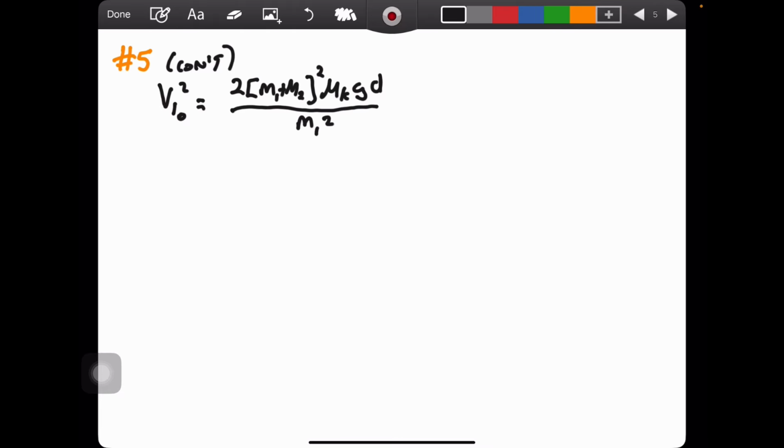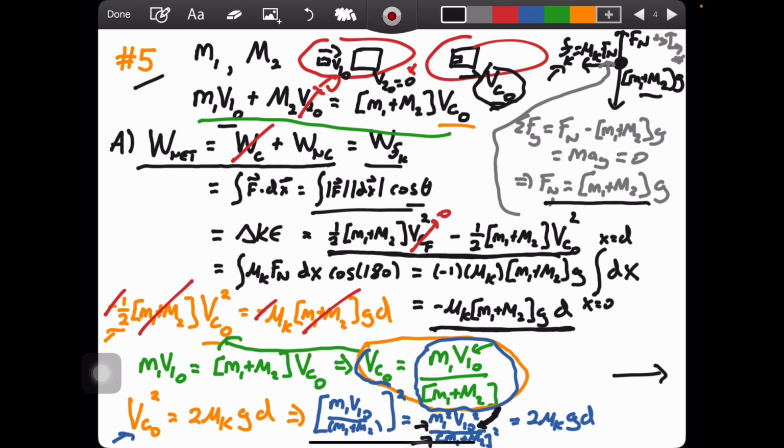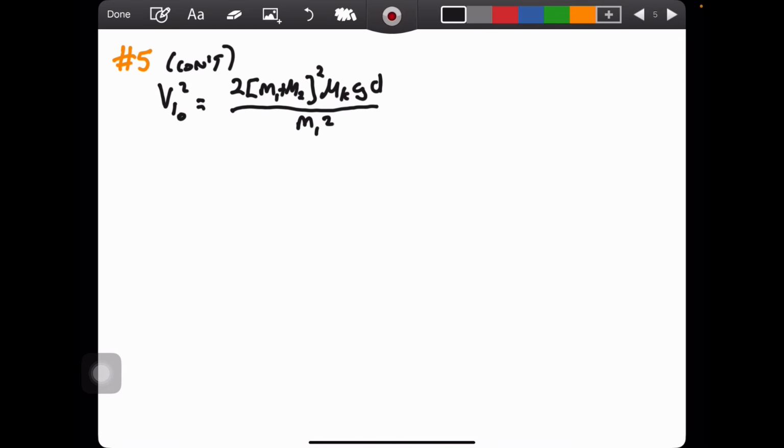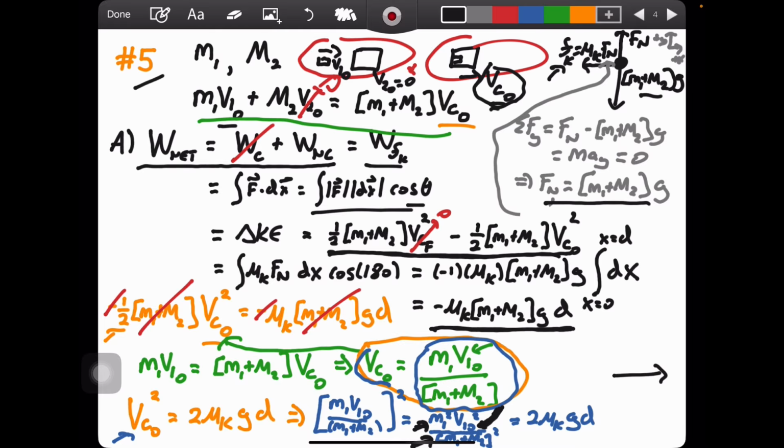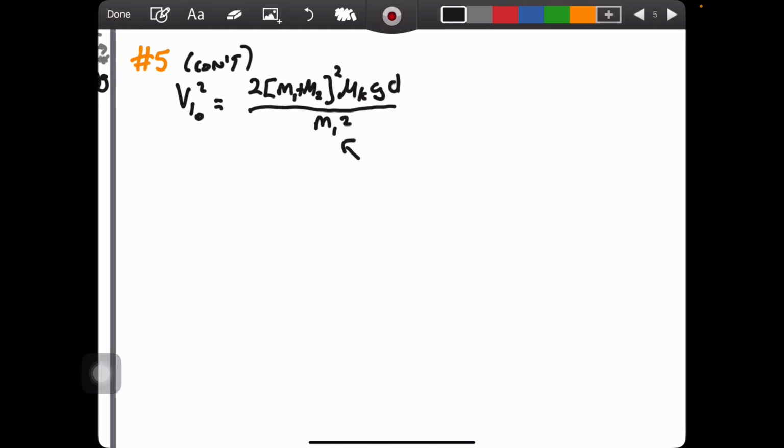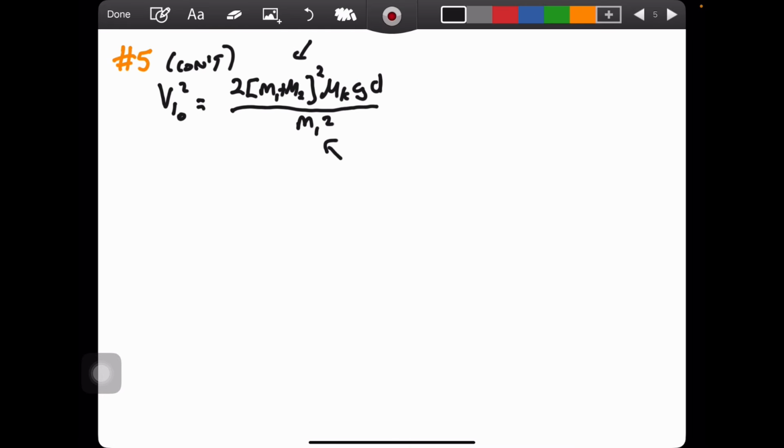The reason I got that is because I wanted to isolate this term right here, so I divided both sides by m1 squared. You see how there's an m1 squared in the denominator now? And then I multiplied both sides by the quantity m1 plus m2 squared, and that's why you have this term in the numerator now. Now again, I want to solve not for the bullet's initial velocity squared, but the bullet's initial velocity.